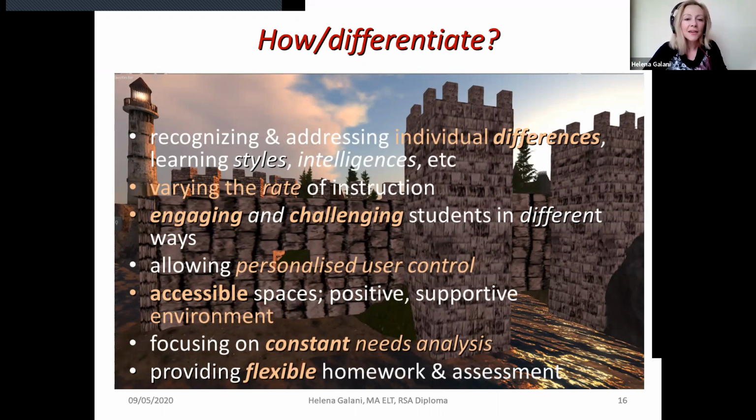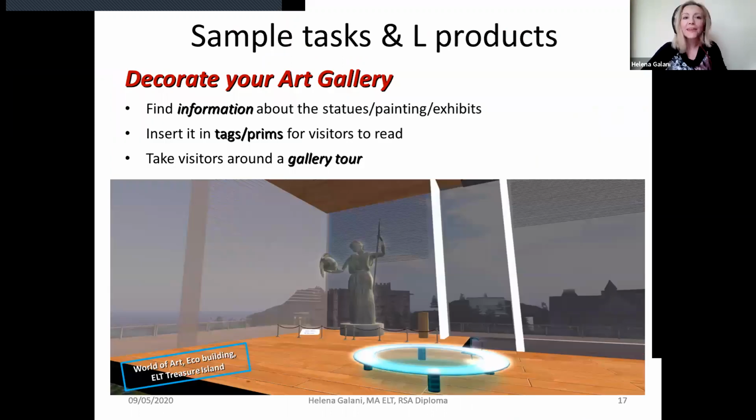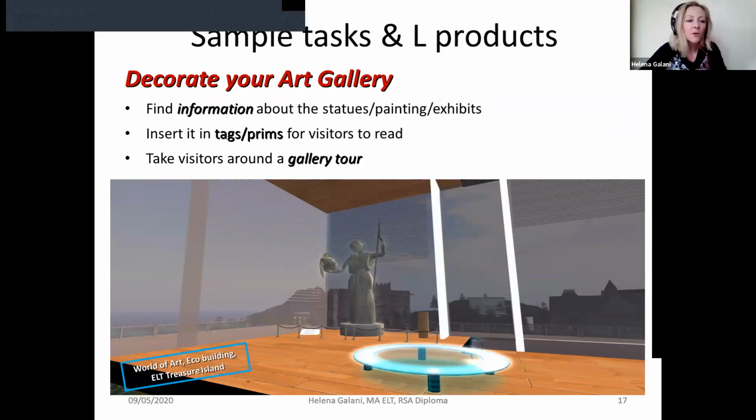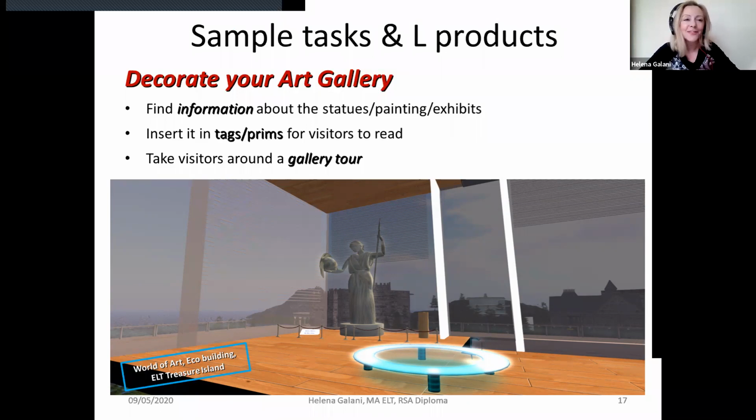It's a positive environment, it's supportive. And we focus on constant needs analysis if we want to differentiate instruction by providing flexible homework and assessment, which is not threatening. Here's a sample task. The picture is from the World of Art, which is an ecological building that one student has thought of.